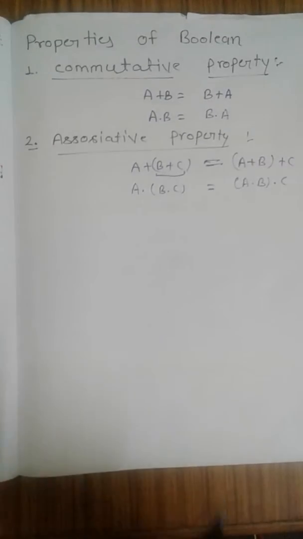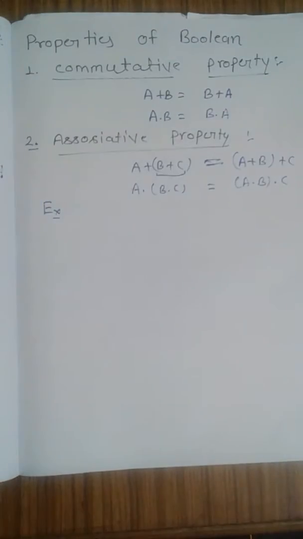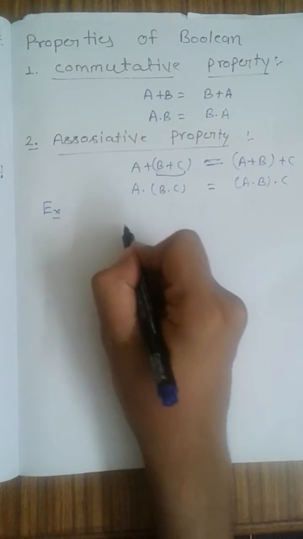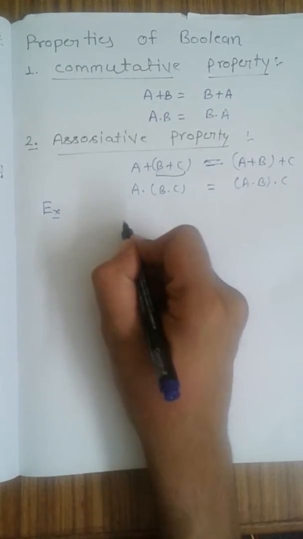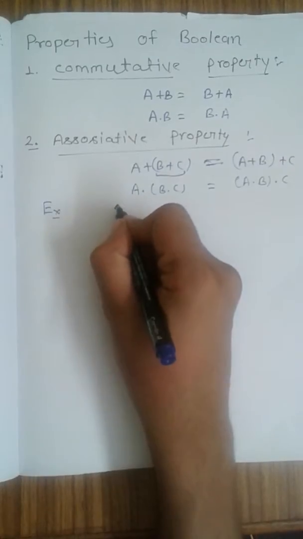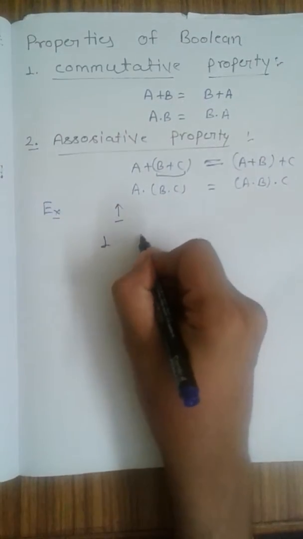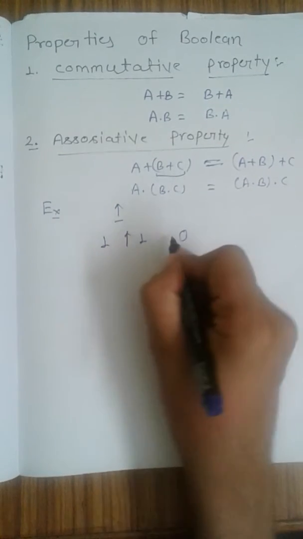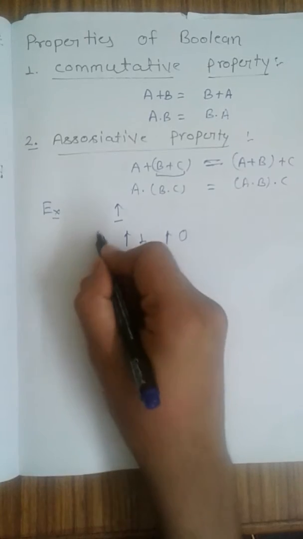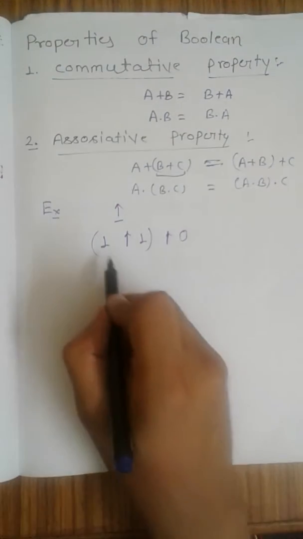Why? I will give an example. Suppose I am taking NAND, and suppose this is the symbol of NAND. Suppose I have three bits, and I have to take the NAND of these three. Firstly take it of these two, and then take it with this one.